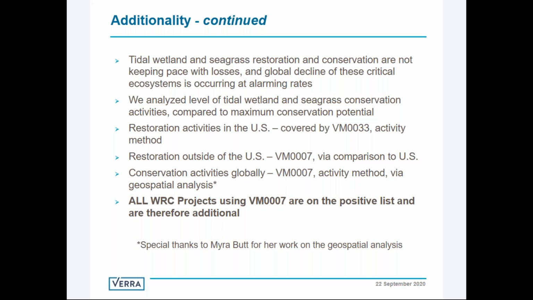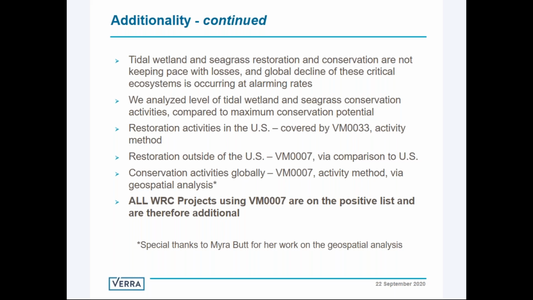The analysis for restoration in the US was included as part of VM33, the tidal wetland restoration methodology that both Hillary and Amy referenced, which put restoration in the US on the positive list. We then compared the level of restoration in the US to the rest of the world, which resulted in all restoration globally being added to the positive list.